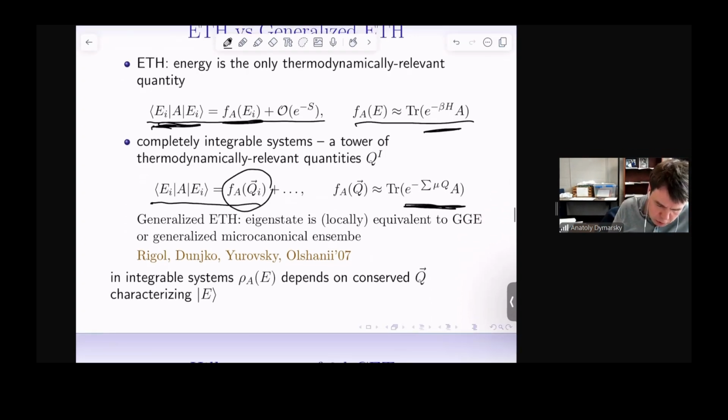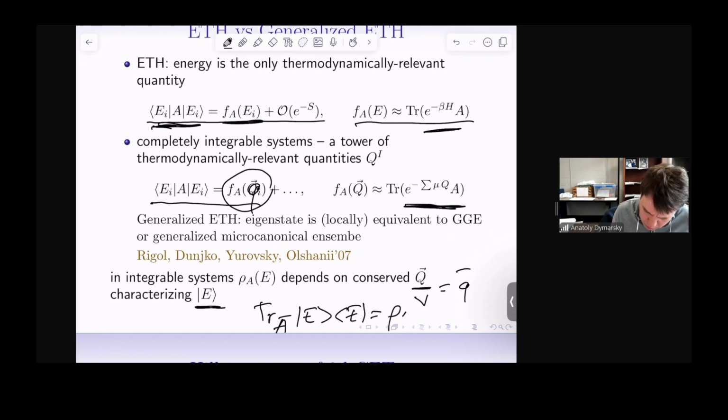Basically, what you're supposed to do if you have an energy eigenstate, you should calculate all the conserved quantities associated with that energy eigenstate, divide that by volume such that you will have the densities, and then this quantity F will be a function of the densities of those quantities. So that's a new version of ETH. And in that case, you will expect that the reduced density matrix of an individual energy eigenstate will have some universal form, but it will be a function of the densities.